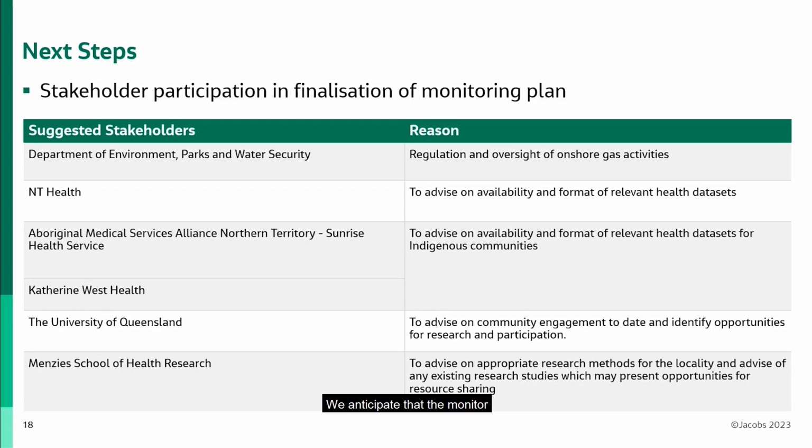We anticipate that the monitored indicators may need to be refined to address local concerns, practical considerations such as the ease and cost of data collection, specific human health risk assessments that take account of the chemicals used and offset distances, and any crossover with social, cultural, and mental well-being considerations.